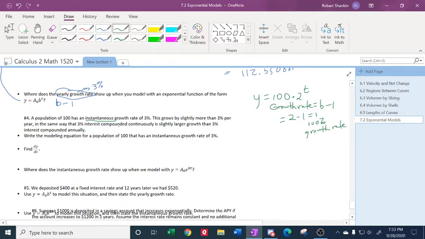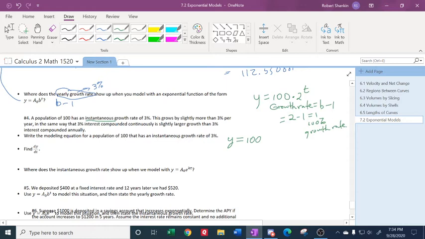All right. So we're going to write the modeling equation for a population of 100 that has an instantaneous growth rate of 3%. If it's an instantaneous growth rate of 3%, it's going to look like this. y equals, population of 100, so it's an initial population of 100.